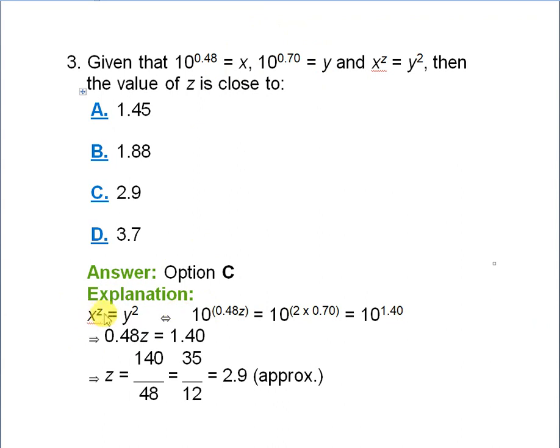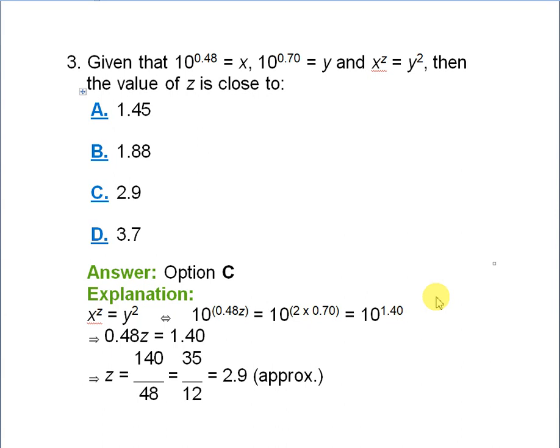Here x raised to the power z, and 0.48 is also in the power, so we'll write it as 10 raised to the power 0.48z equals y squared, and the value of y is 10 raised to the power 0.70. As we multiply the power here with the power of this, similarly we'll multiply the power of this with this. So 10 raised to the power 2 into 0.70, which equals 10 raised to the power 1.40.